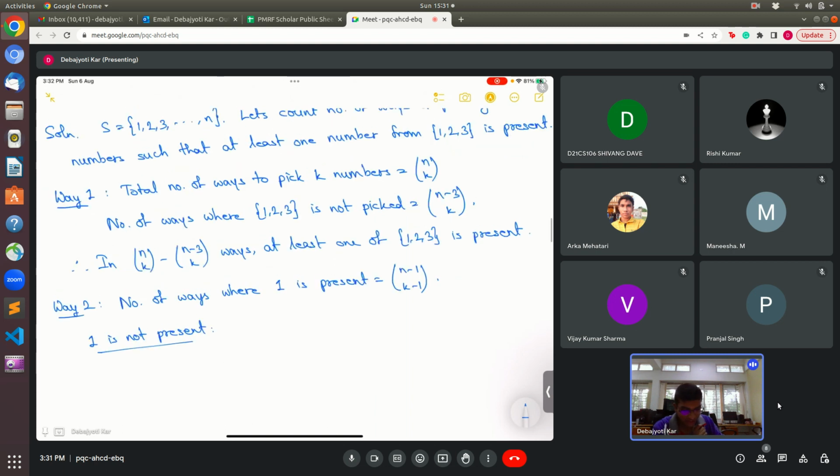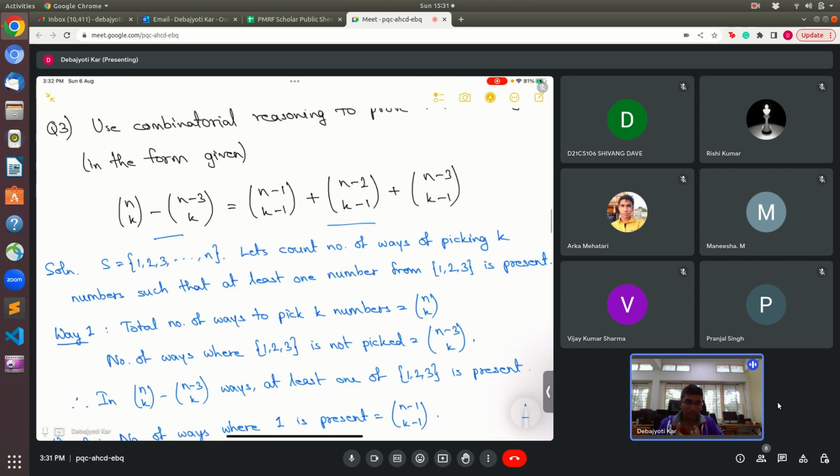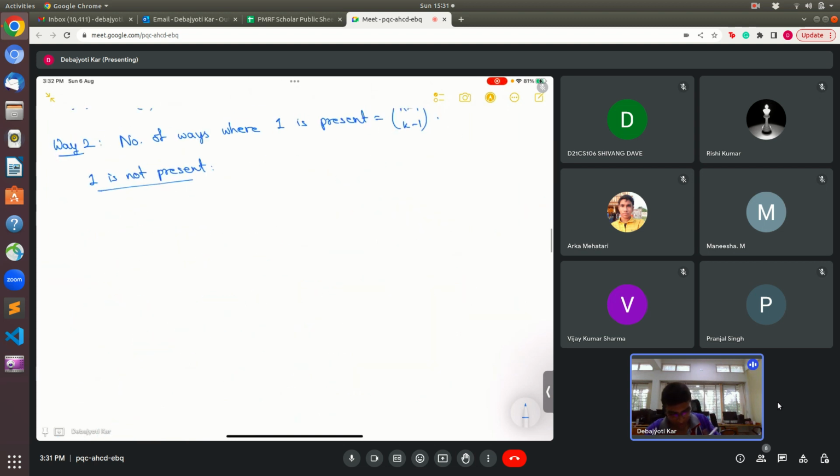Okay, so if 1 is not present, then at least one of 2 or 3 must be present. So let's consider the number of ways in which 2 is present. If 2 is present and 1 is not present, we are left with n minus 2 numbers, and among those n minus 2 numbers, we have to pick k minus 1 of them.